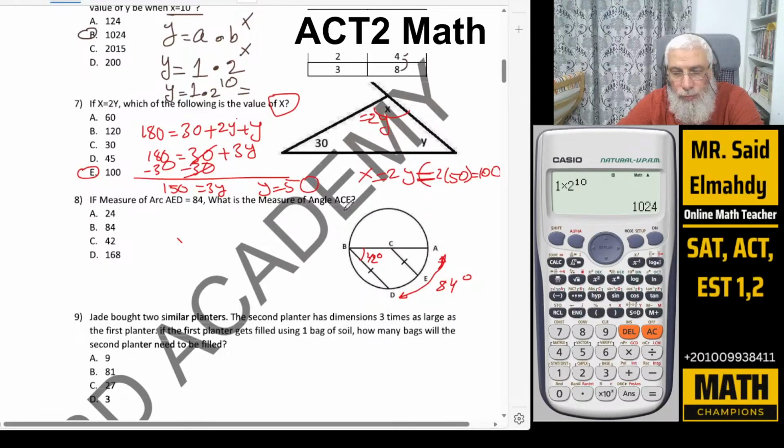What is the measure of angle ACE? If this is parallel to this, this will be 42, because these are corresponding angles. This is 42, and this side is parallel to this side, so this is 42.